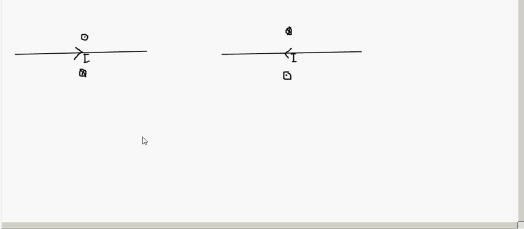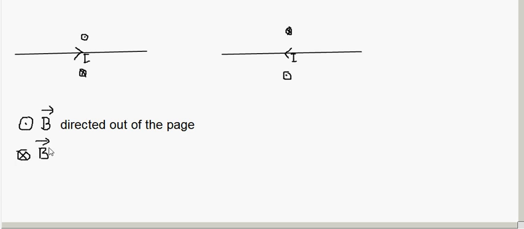So I will write here: a dot means that the magnetic field B is directed out of the page, and similarly a cross means that B is directed into the page.